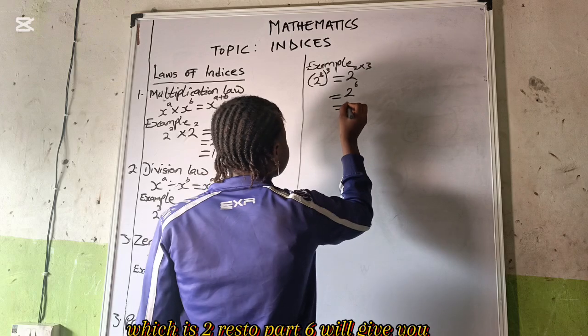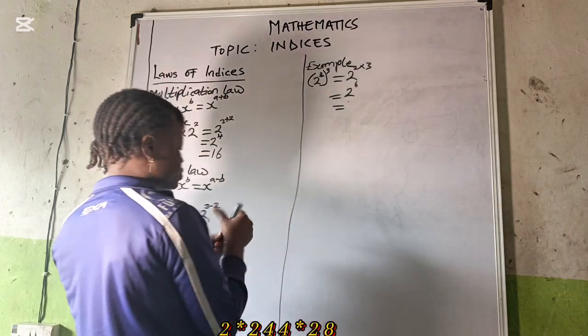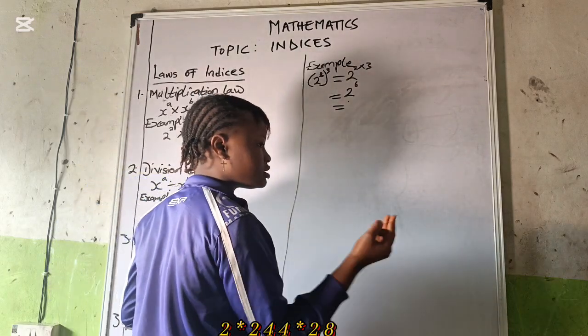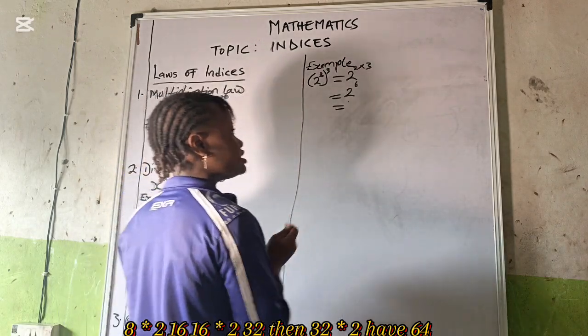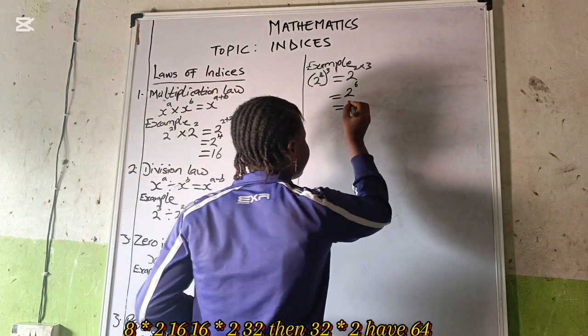That will give you 2 times 2, 4, 4 times 2, 8, 8 times 2, 16, 16 times 2, 32, then 32 times 2 gives 64.